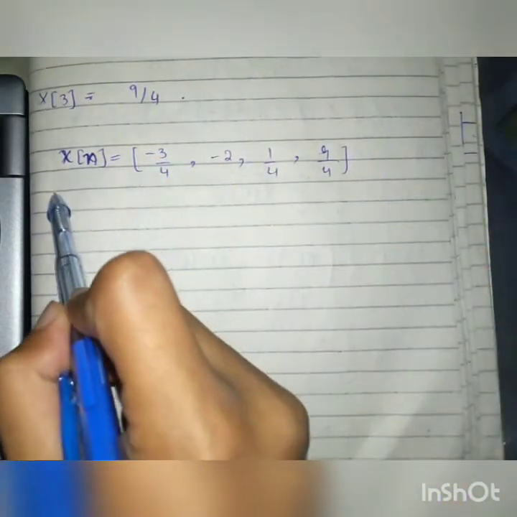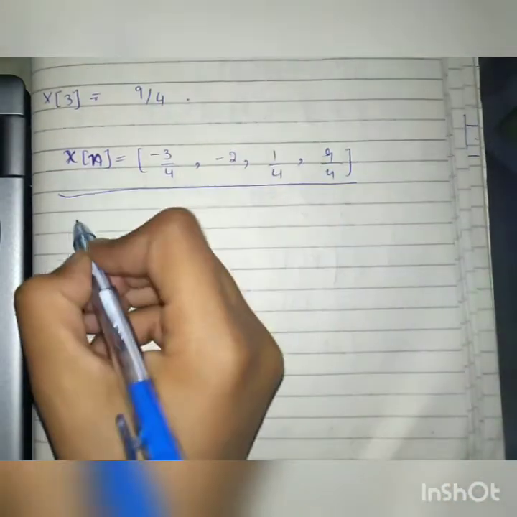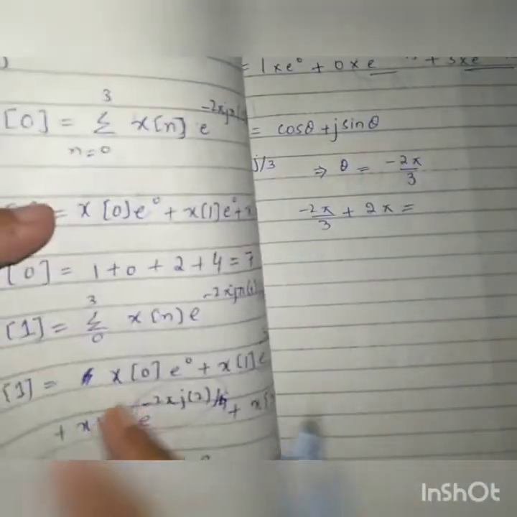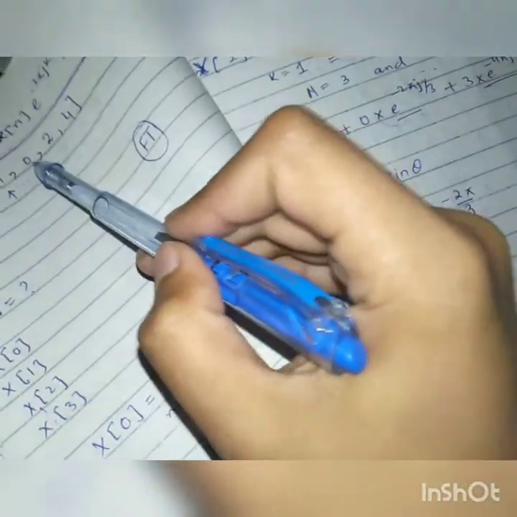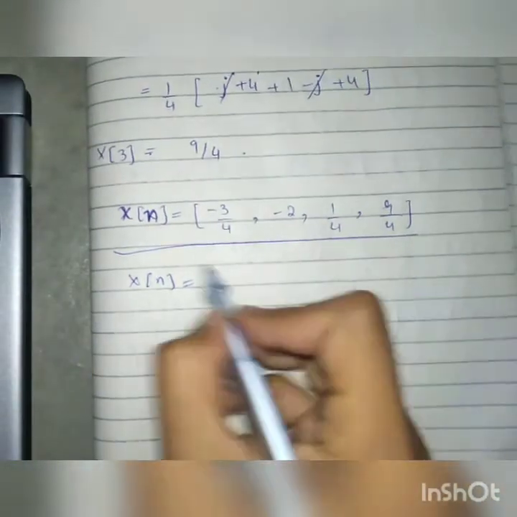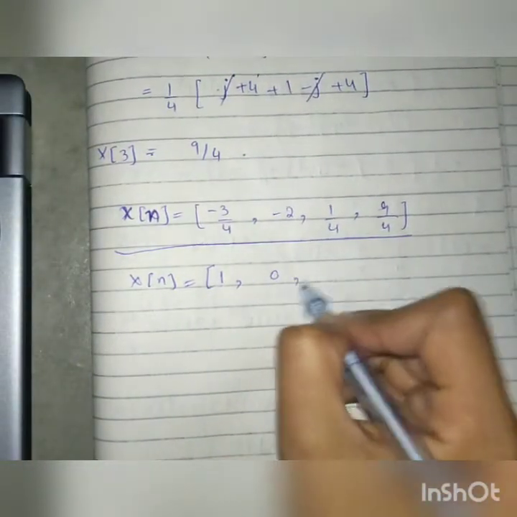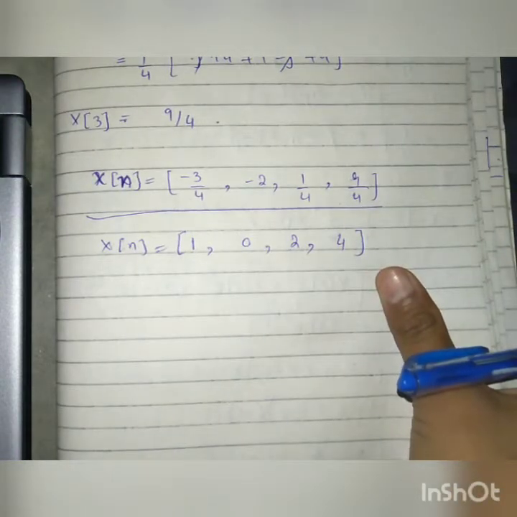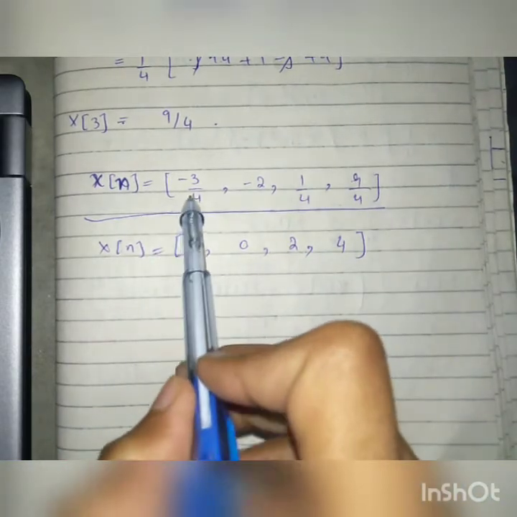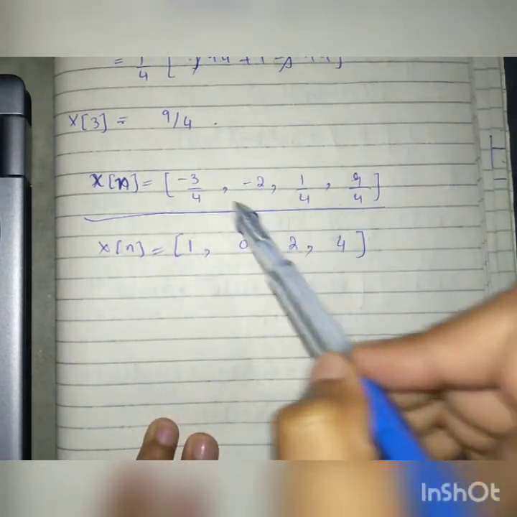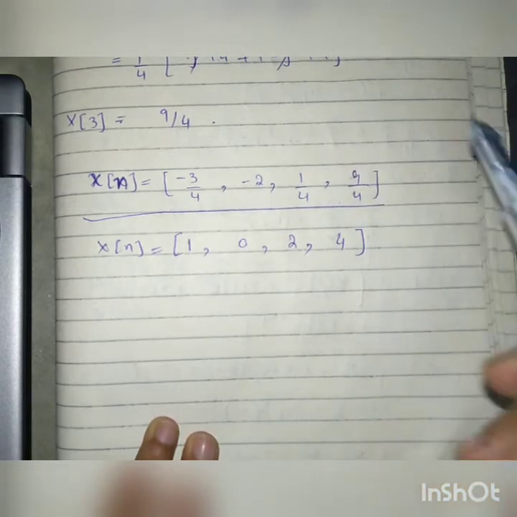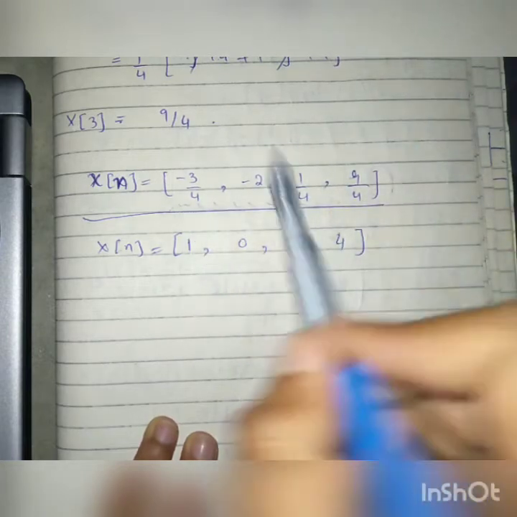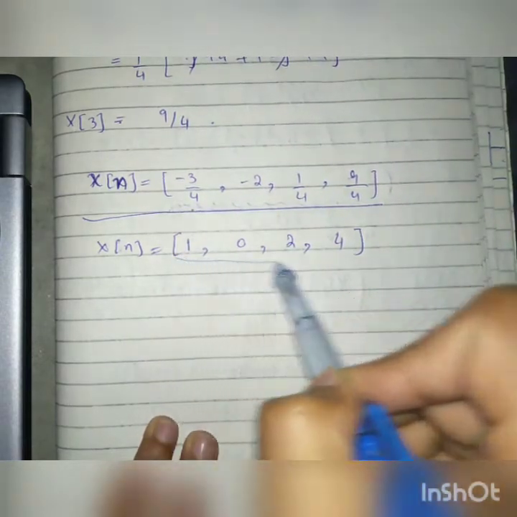So now we have got this x of n, and our previous x of n was 1, 0, 2, and 4. So we can see that if we compare those values, we had removed a lower frequency component, and then we have converted that signal into time domain, and that was the real signal in time domain.